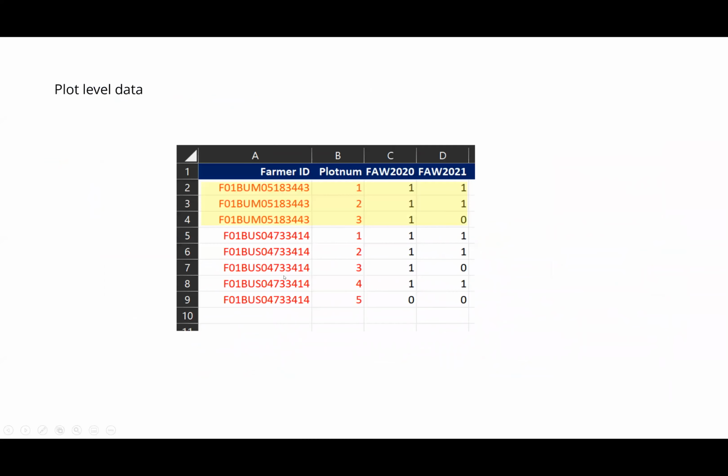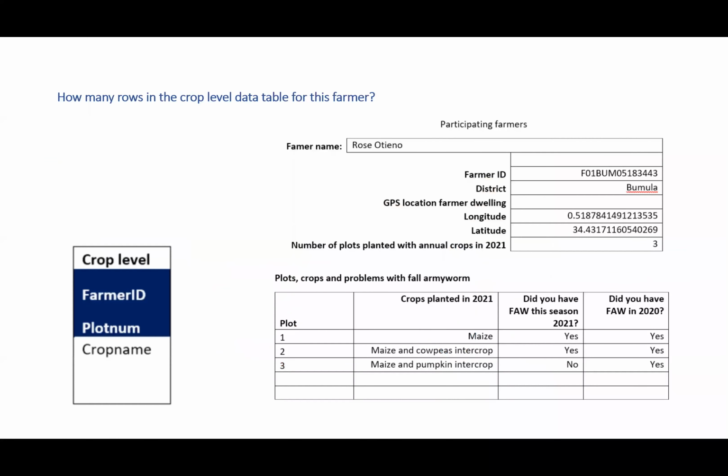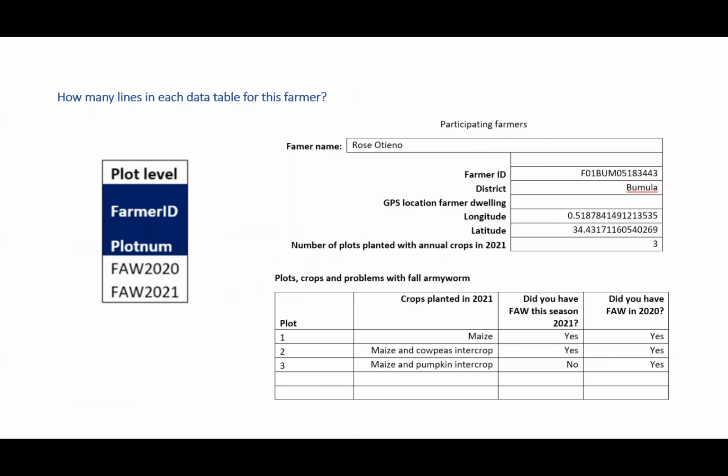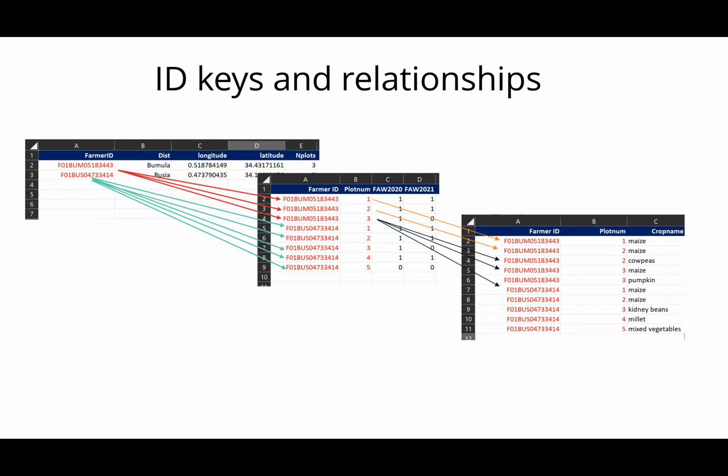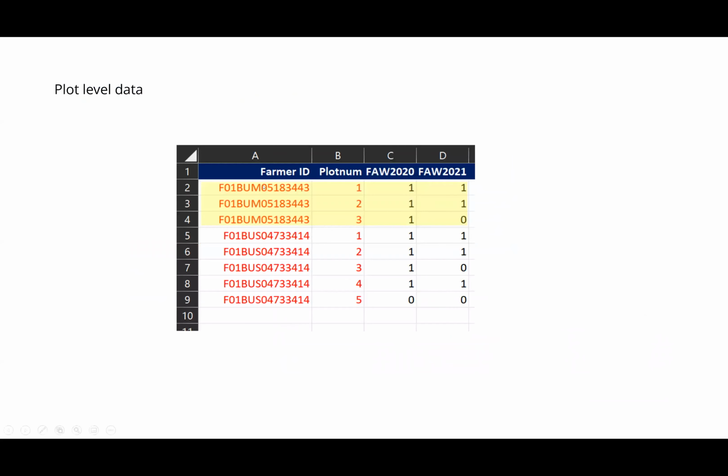And finally, at the farmer level data, where it's farmer ID, plot number, and whether there was fall armyworm in each of the years, they end up with the following number of cases. Here, farmer ID, rows, plot number 1.